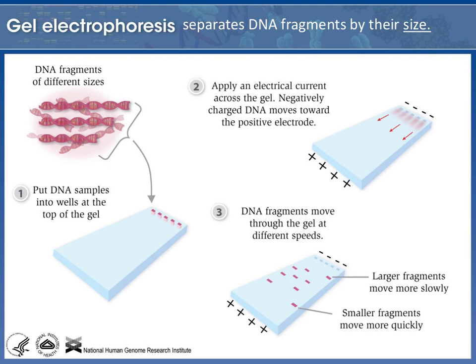You put the DNA in these different wells, and then you run it. Remember, larger fragments move more slowly, so they stay at the top, and smaller fragments move more quickly, so they're down at the bottom.